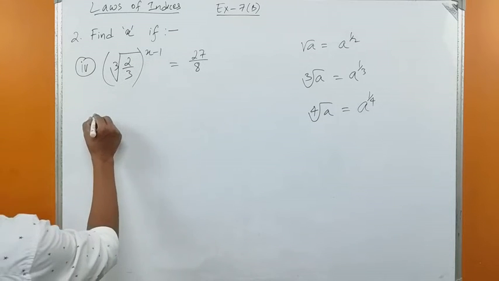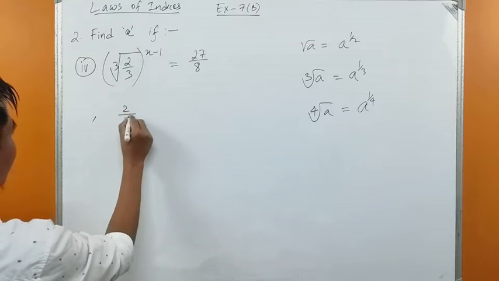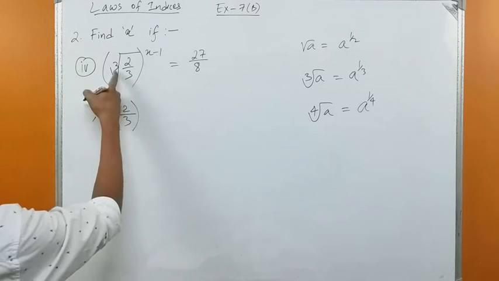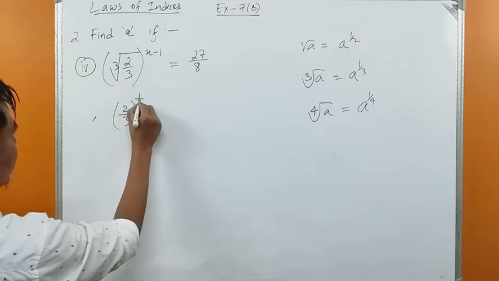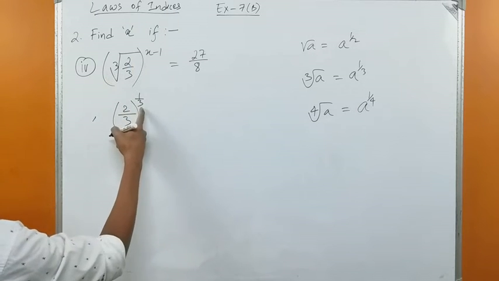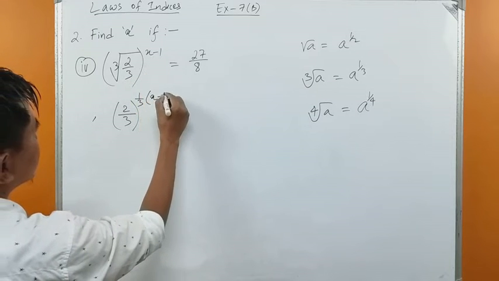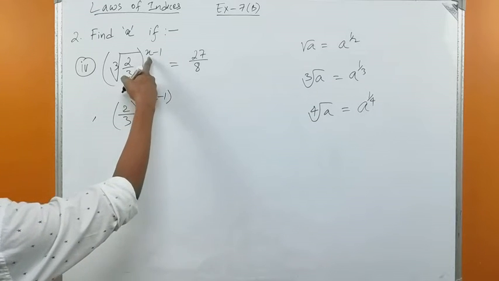So let's write this: 2 upon 3, this is the number we have, to the power, cube root means 1 by 3, into we have x minus 1. This x minus 1 power was already there, isn't it?